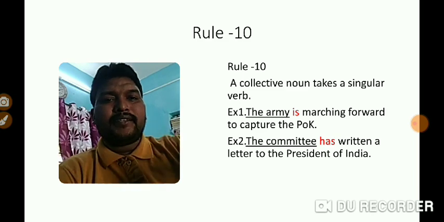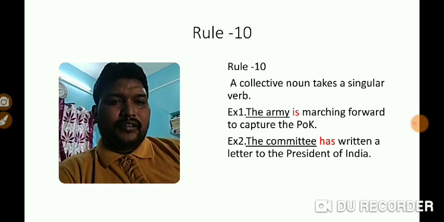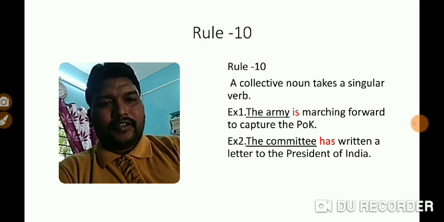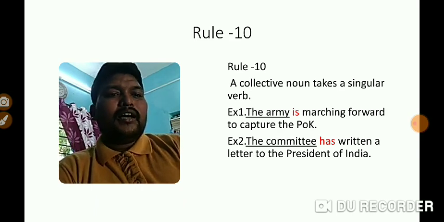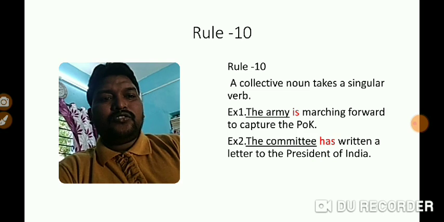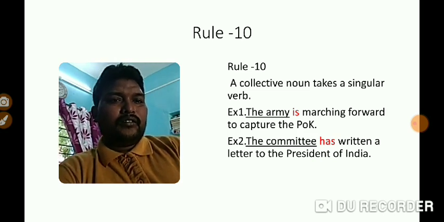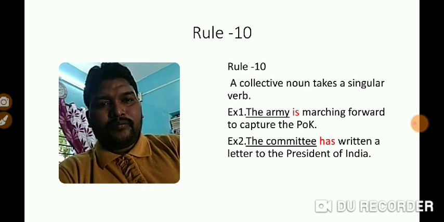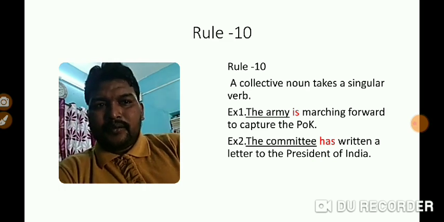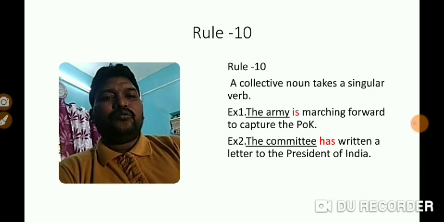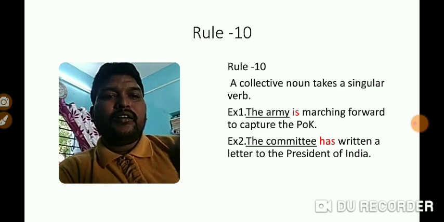They work as a team, right? Clear? The committee has written a letter to the President of India. So the next time you find a collective noun being used in a sentence, be sure that it would agree with a singular verb.